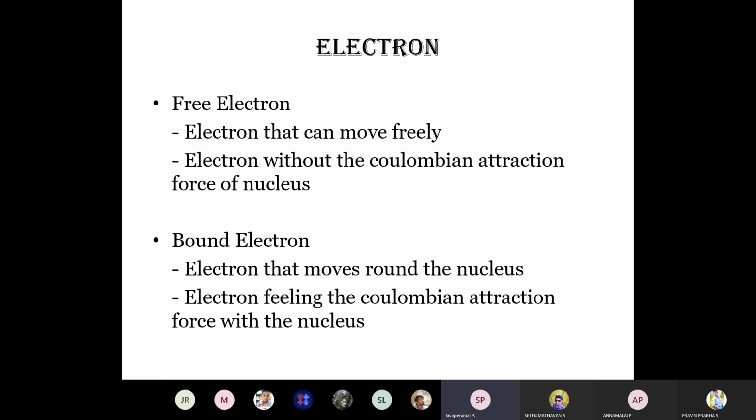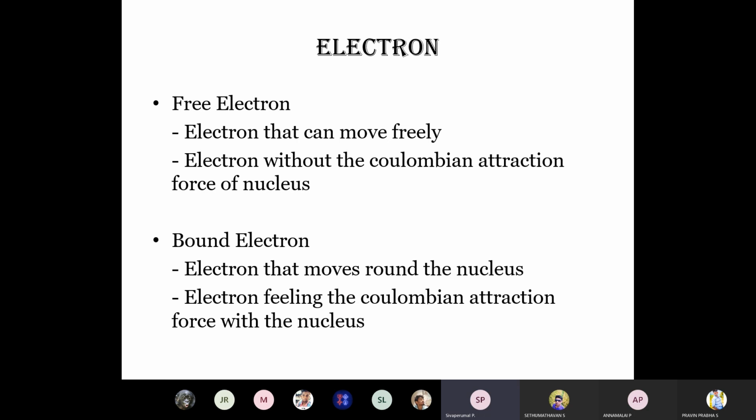For bond electrons, the electron moves around the nucleus, and only around the nucleus. These electrons feel a Coulomb attraction force with the nucleus.